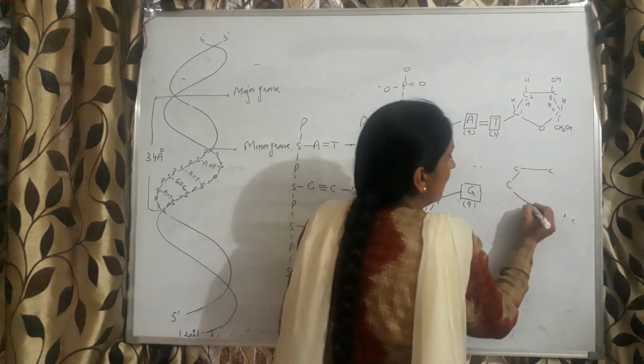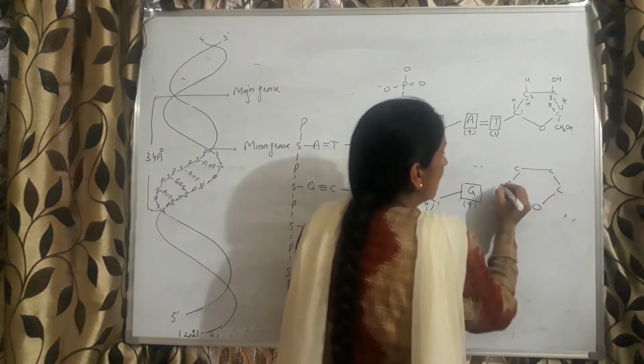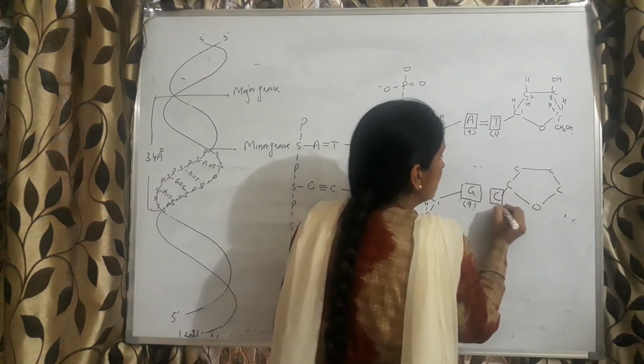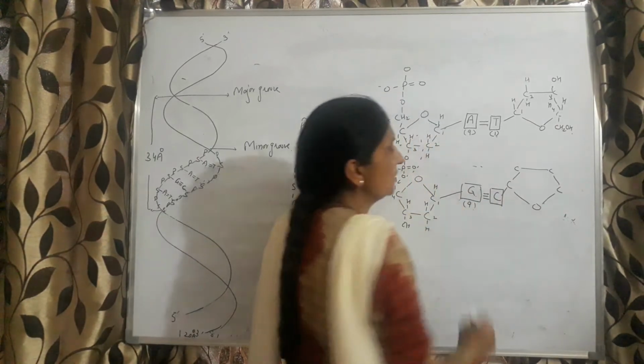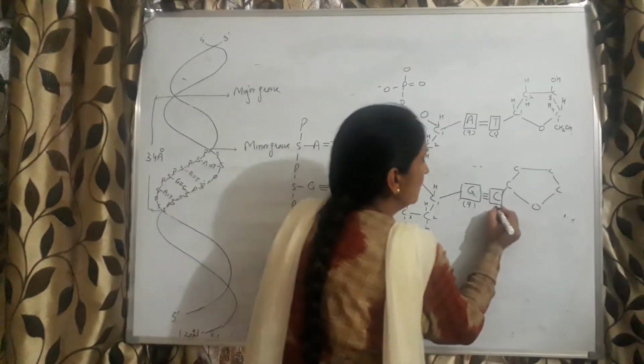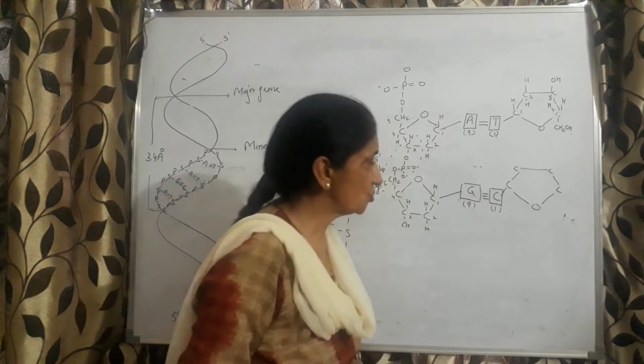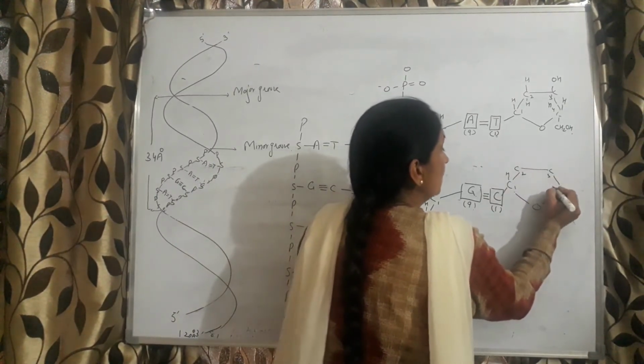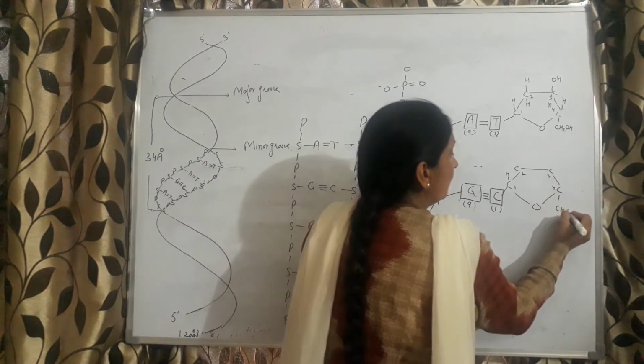Now we are taking up the second nucleotide. This is carbon atom 1 attached to cytosine over here. In between them there will be a triple hydrogen bond. This bond formation occurs at position number 1. So carbon atom 1, 2, 3, 4 and 5.